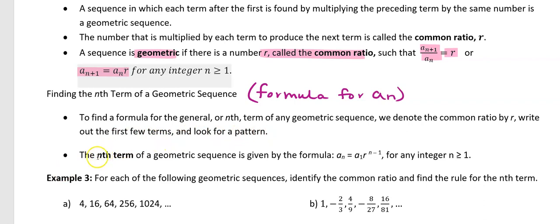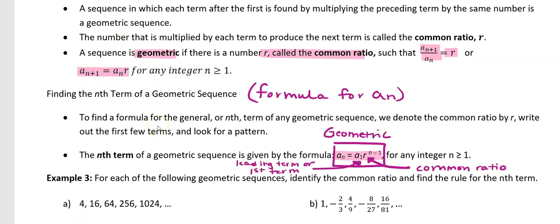Once you find the pattern, the nth term of a geometric sequence is given by the formula a sub n equals the first term in your sequence times the common ratio, the r value, to the n minus 1 power for any integer n greater than or equal to 0. So let's look at example 3.